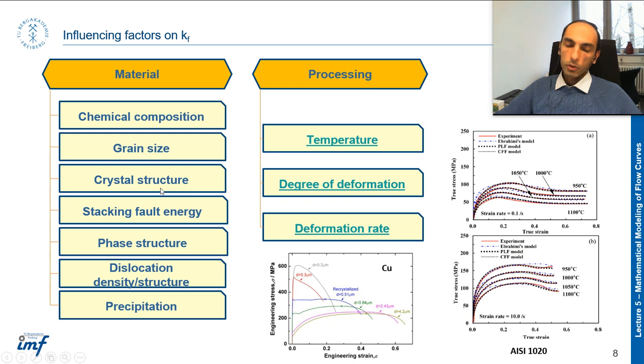Like is it FCC, BCC? What's the structure of the lattice of your material? And stacking fault energy is another one. We'll talk about it later because it's important when you want to determine which phenomenon is happening. Is it dynamic recrystallization, or is it recovery, or else?